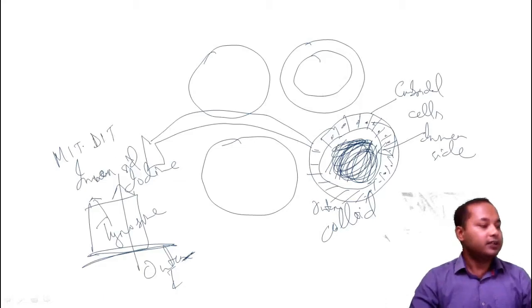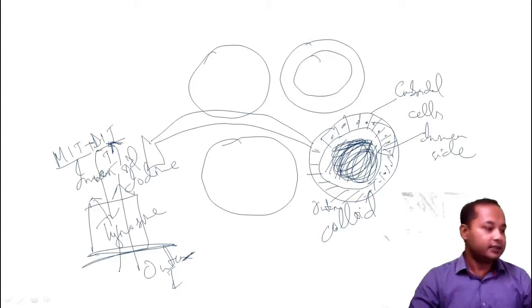When iodine gets inside, these tyrosyl residues are iodinated as monoiodo and diiodotyrosine. Then they are again taken up, and with the help of the enzyme dehalogenase, T3 and T4 are formed.